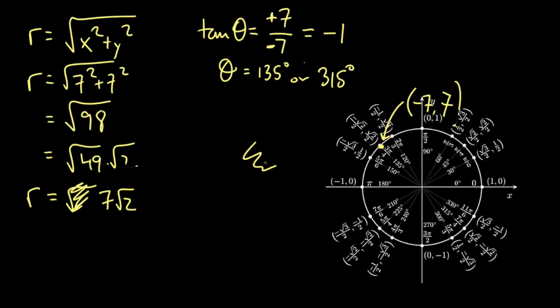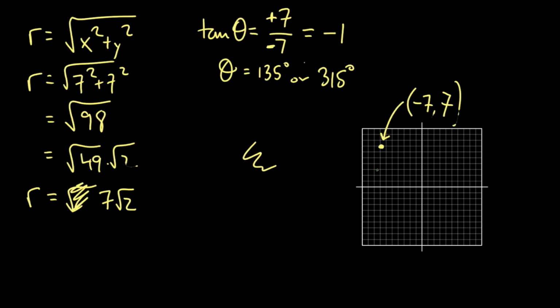But we know that we were in a certain quadrant. We were in quadrant 2. That means that it can't be this one. So then theta has to be 135 degrees using my chart. So if they're asking for exact values, it means the angle that they've given you is a nice angle, and you can look directly at the unit circle to figure out what angle meets the criteria for tangent.